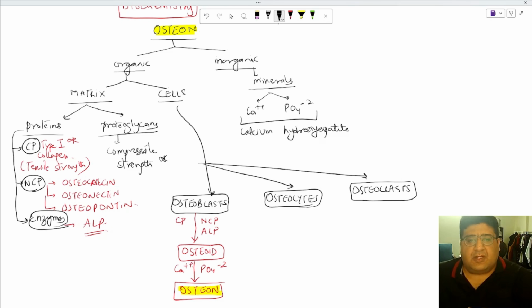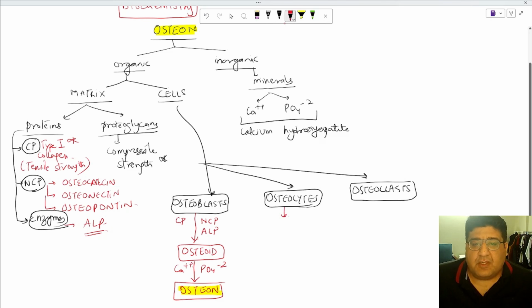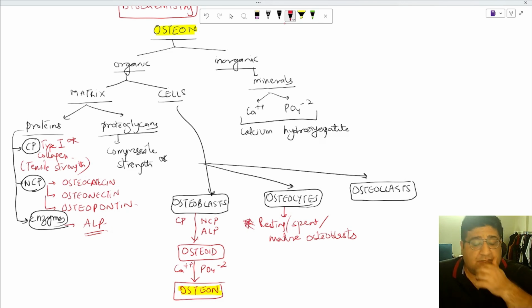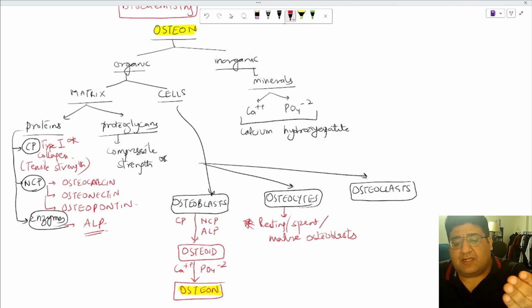Anyhow, come to osteocytes. What are osteocytes? First of all, osteocytes are the resting, spent, mature osteoblast. What does that mean? खर्चे हुए cell. And it's an MCQ by the way. खर्चे हुए cell है. इसका क्या मतलब है? See, every cell has to go through a cell cycle.